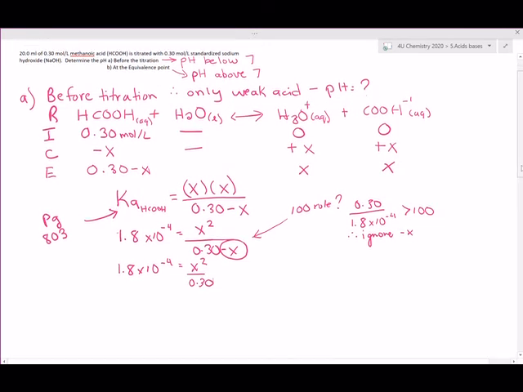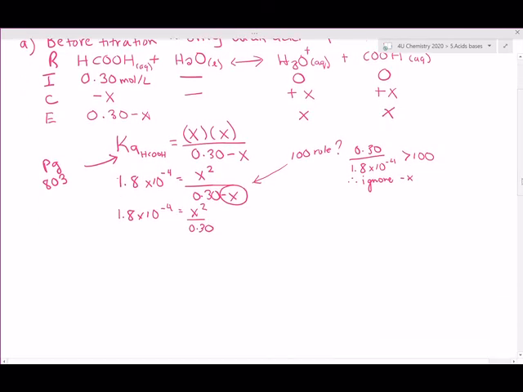Scroll down here. So then we will multiply 0.3 by this, and we're going to get 0.54 times 10 to the negative 4 is equal to x squared, and then we will take the square root of both sides and solve for x.